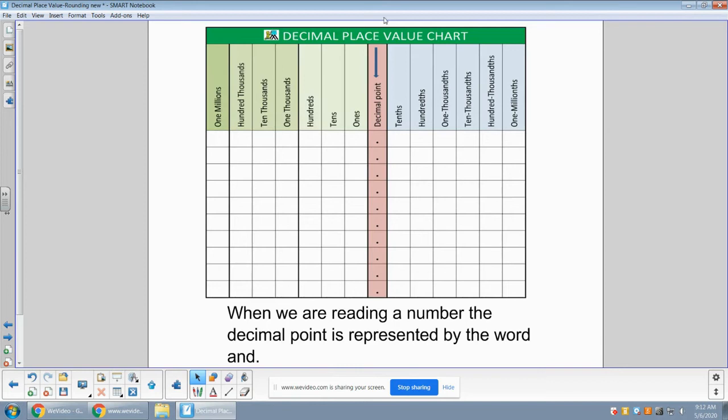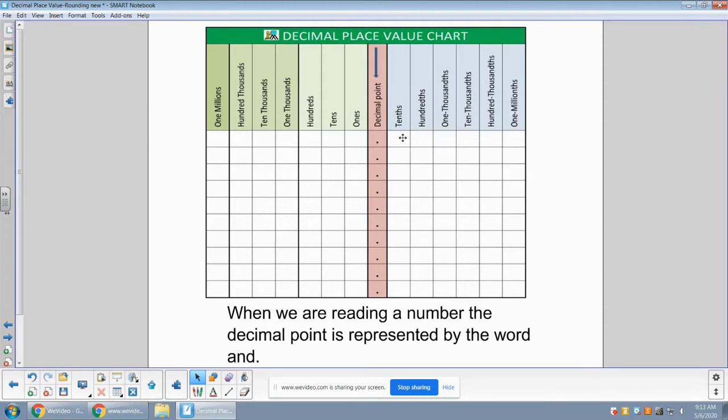So I started out with a decimal place value chart. In the decimal place value chart, you have your decimal and your number. To the left of the decimal, you have the ones digit, the tens digit, the hundreds digit, 1,000, and so on. It just keeps going up quite a ways, so you get bigger and bigger numbers.